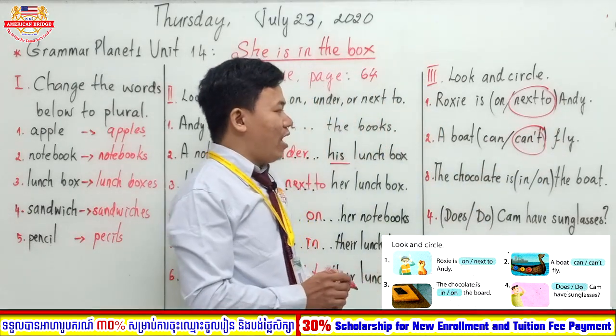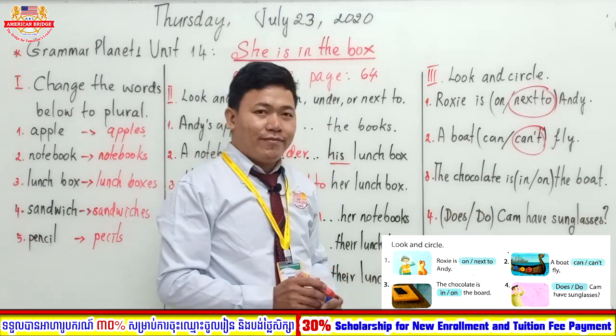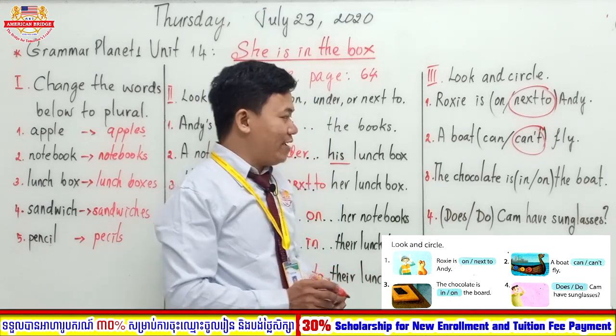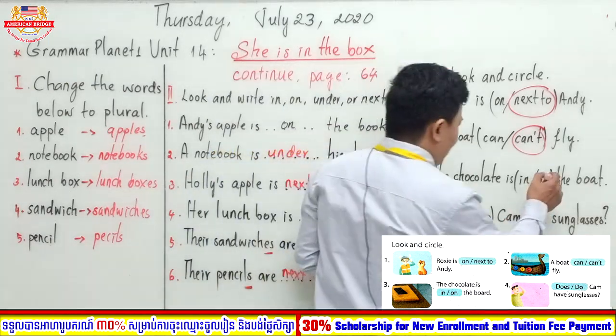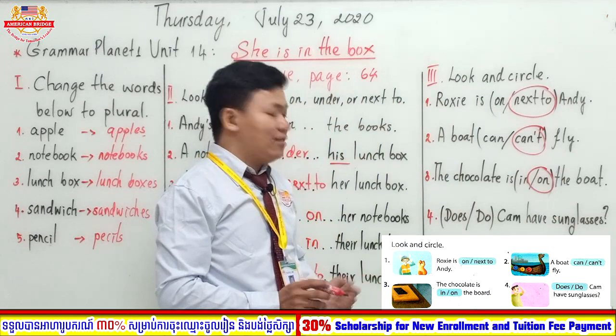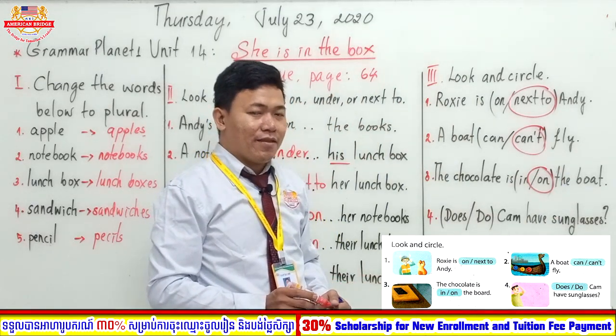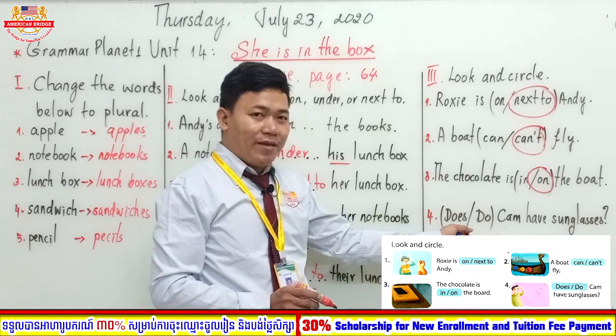Number 3, the chocolate is in or on the boat. Okay, so which one is correct? Okay, the correct one is on, right? The last one, do or does Cam have sunglasses? Great. This is simple present, right?